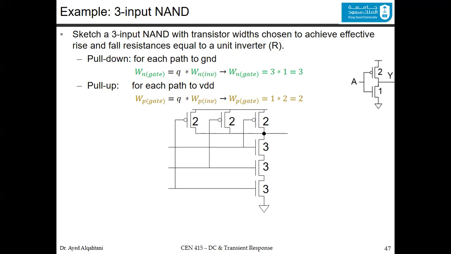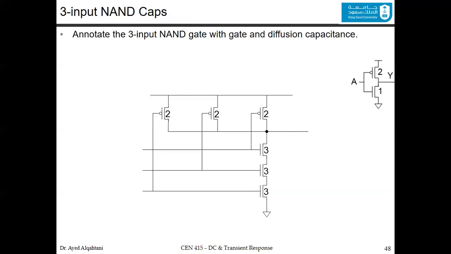So now we have this sizing. The next, you were asked to annotate. So write down the 3-input NAND gate with the gate and diffusion capacitance. So find the diffusion capacitance, find the gate capacitance for each interesting node.